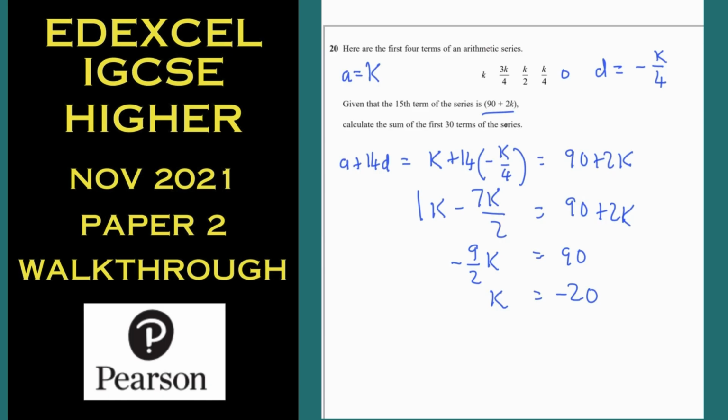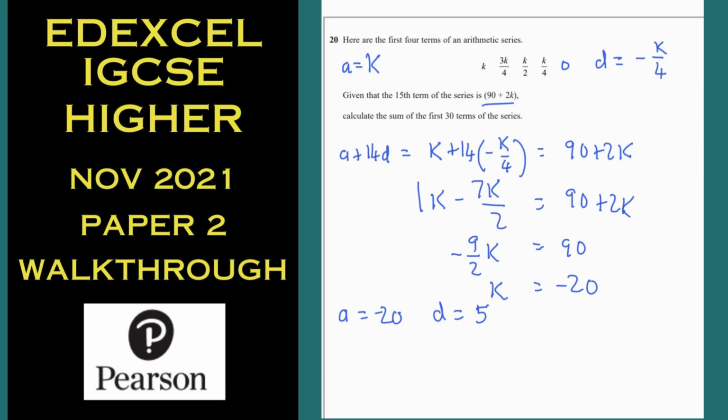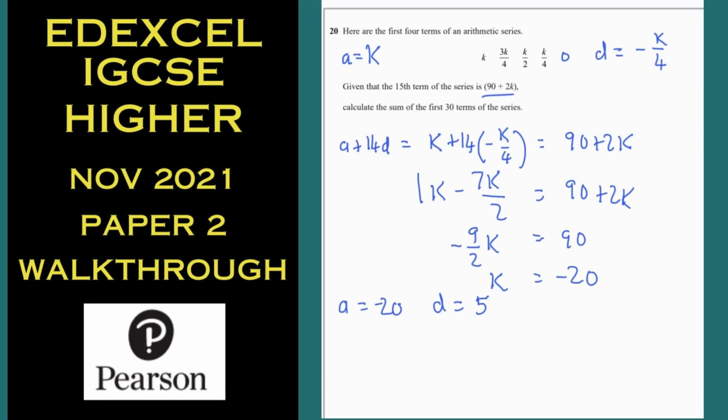That means we know that the first term, which is k, is -20, and the common difference is -k divided by 4. So we need to divide this by 4. So -20 divided by -4 gives us +5. That's for k. Don't forget.